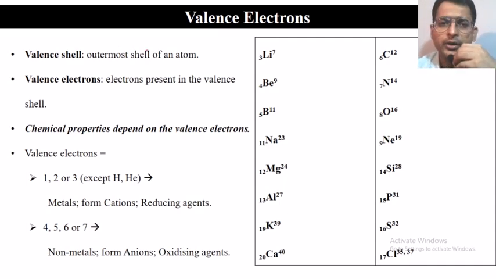A very important concept in chemistry is valency. So what are valency electrons? The valency shell is the outermost shell of an atom.